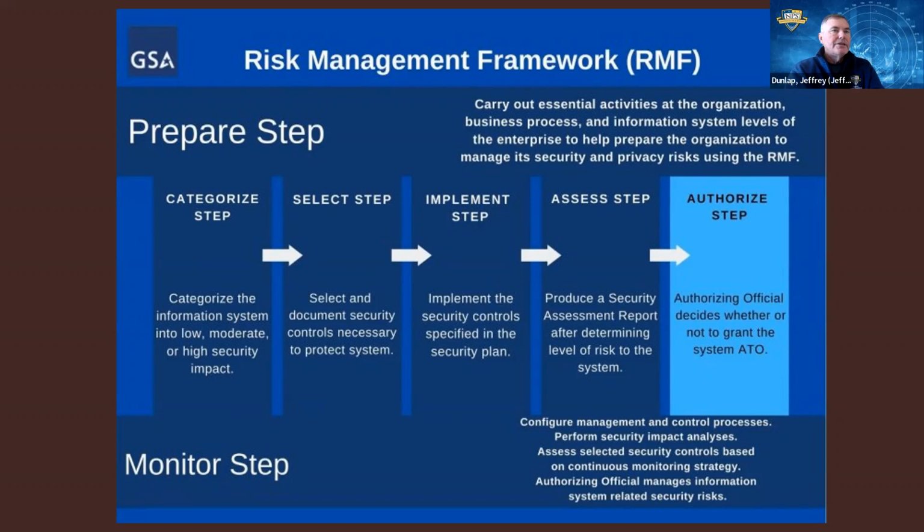So authorize is the final step in the RMF process. The authorizing official is not a contractor, right? It's a government employee for whatever organization is doing this. It's a deliberate process.